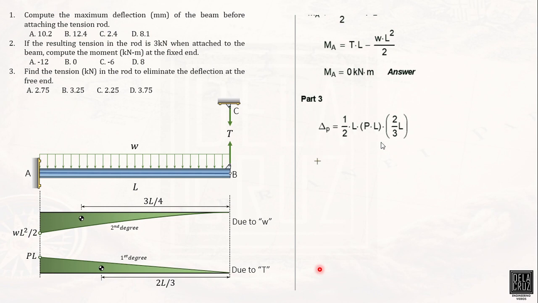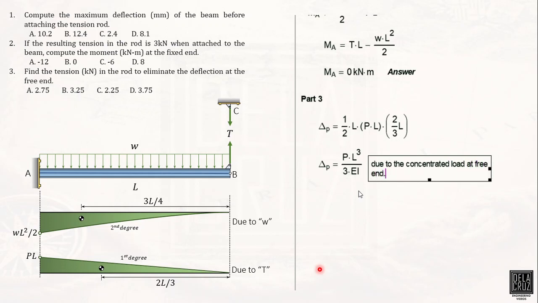And simplifying that one, delta P, because of the concentrated load at free end, that would be PL cube over 3EI. Correct? Cancel yung 2 natin.